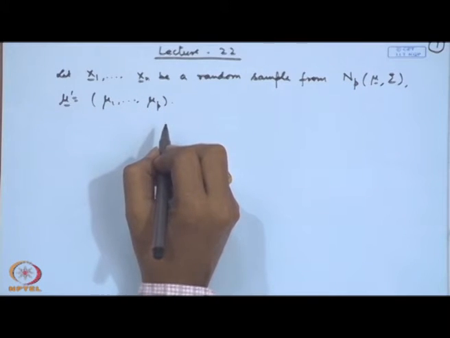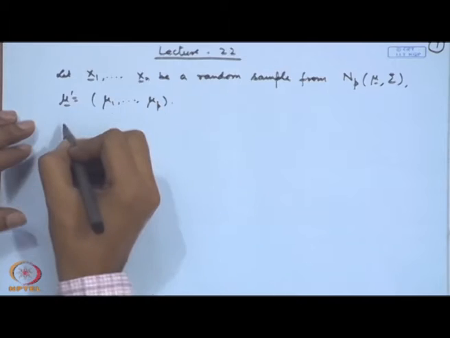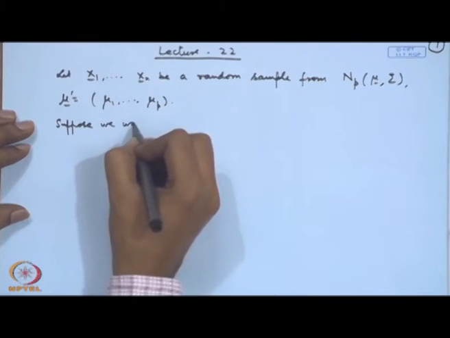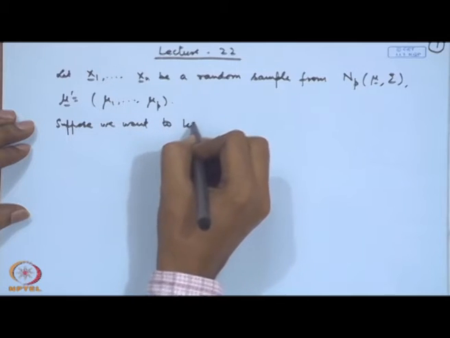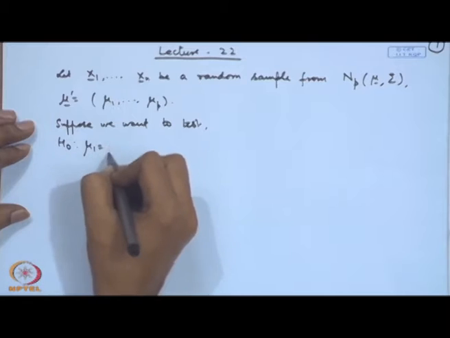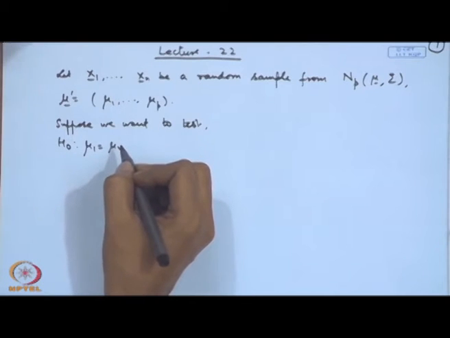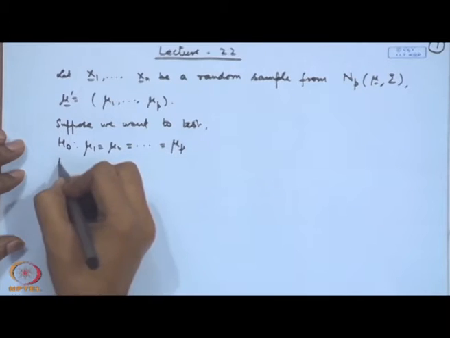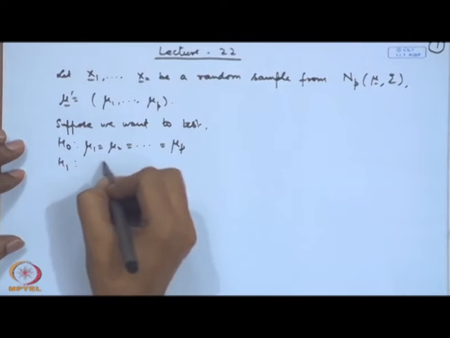Okay. Now, suppose we want to test say H naught: mu 1 is equal to mu 2 is equal to say mu p against at least one inequality.